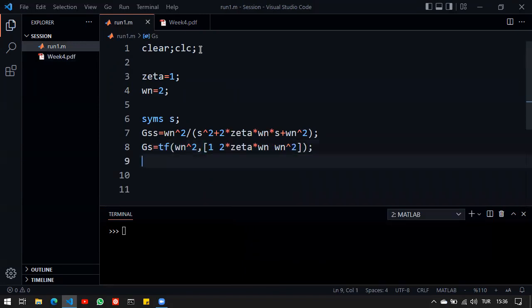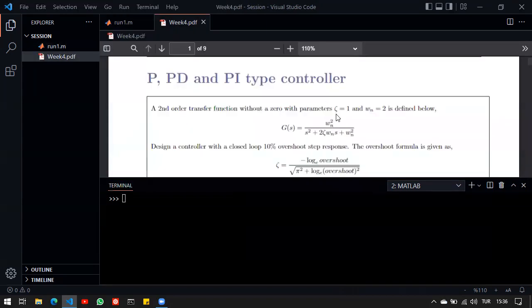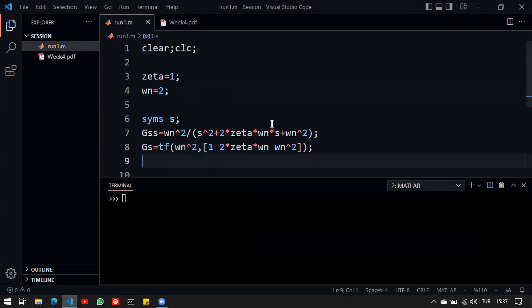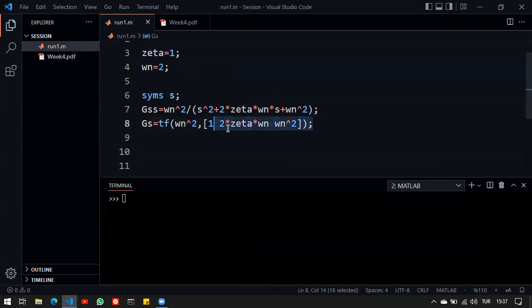You can see that instead of giving the transfer function itself directly, it is given indirectly by defining the zeta and omega n values here. In the previous weeks, we've talked about this. If you have a zeta value and an omega n value, that corresponds to a complex conjugate pole pair. Or in other words, it corresponds to a second order transfer function without a zero.